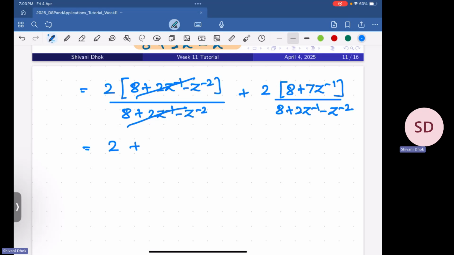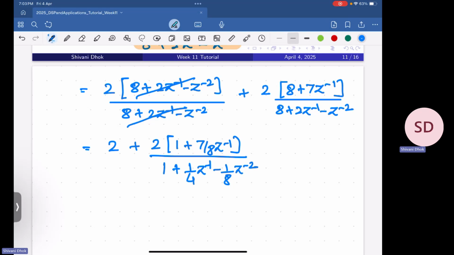let me do it in a simpler way. I'll divide the numerator and denominator by 8. So I'll have 2 into 1 plus 7 by 8 z inverse divided by 1 plus 1 by 4 z inverse minus 1 by 8 z to the power minus 2.